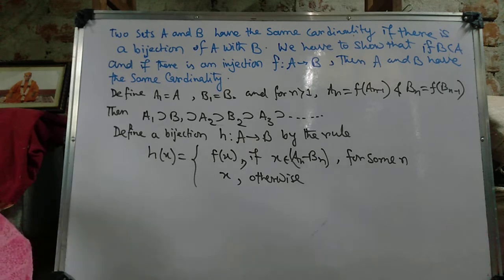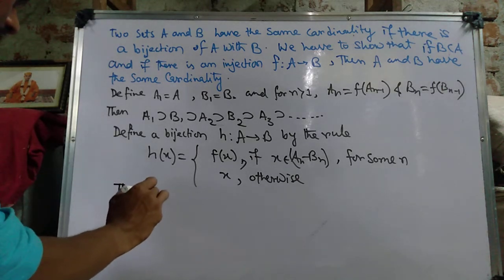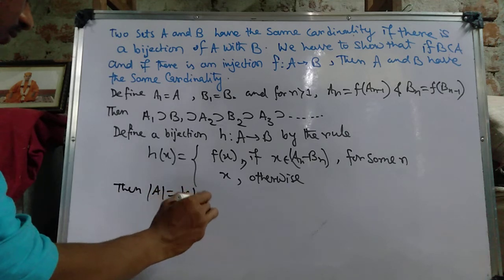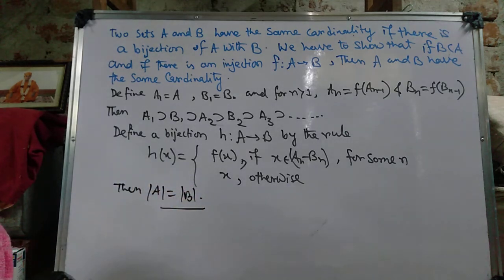Then h is a bijection, so A and B have the same cardinality. Now here we stop.